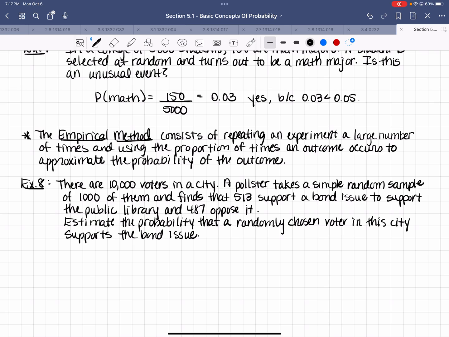They base those findings on what the population of 10,000 people are probably going to do. So they polled 1,000 of the 10,000 people, and here's what they found. They're going to say this is what the 10,000 people should do.